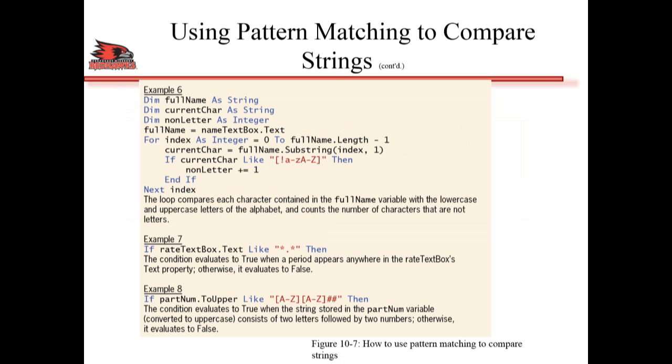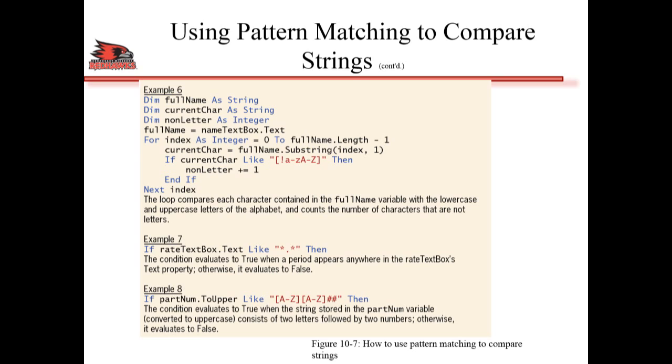Example 6 is a small program where we have a full name string which we're looking at. We have a current character which looks at every character in the full name, and non-letter is a count of how many characters inside the full name are not a letter.